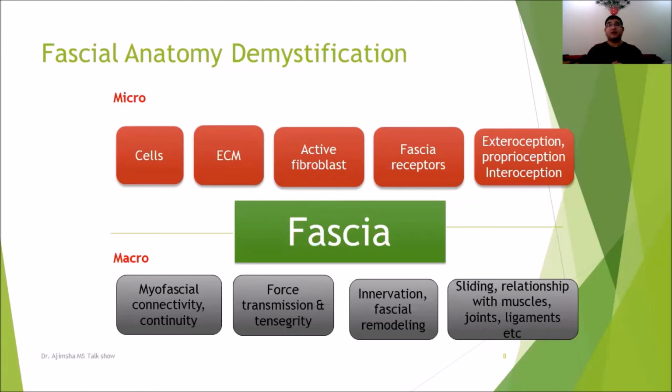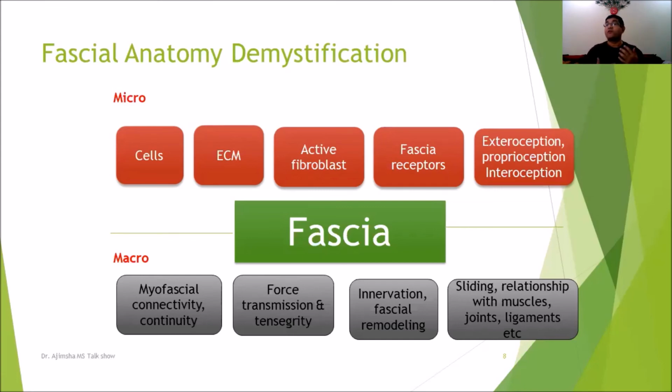Under microfascia are the cells. We will explain about fibroblasts, fasciocytes, and so on here. Then the extracellular matrix, the environment around the cells. And we'll explain about active fibroblasts and their role in fascial remodeling and plasticity.